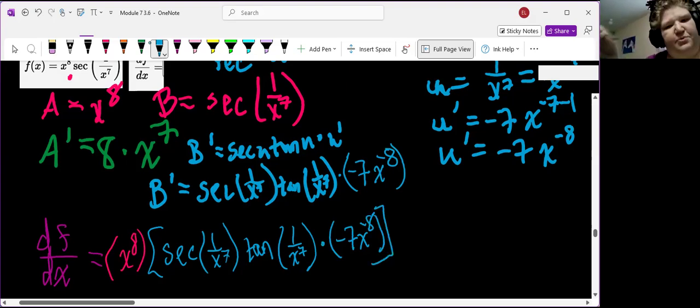So I knew it was a long thing with a lot of parentheses, so I put brackets around it just to be like, yes, this matches my pattern.